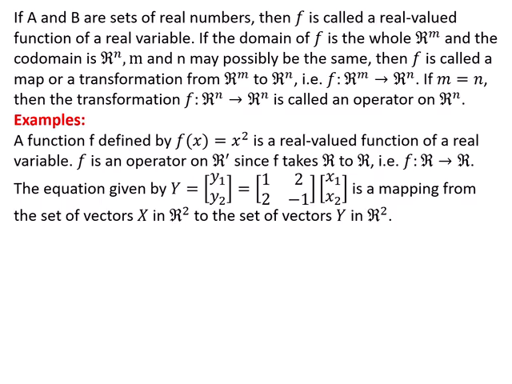That is, we are saying that the dimensions of the sets may be the same. So that is what we are trying to explain here. Let's look at an example to further explain what we mean. A function f defined by f of x is given as x squared.